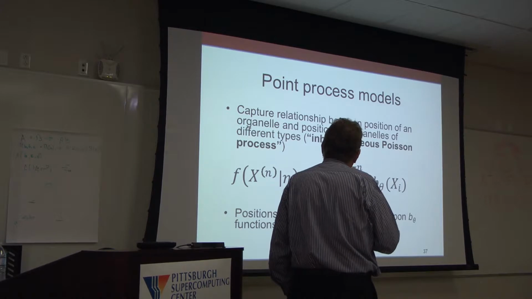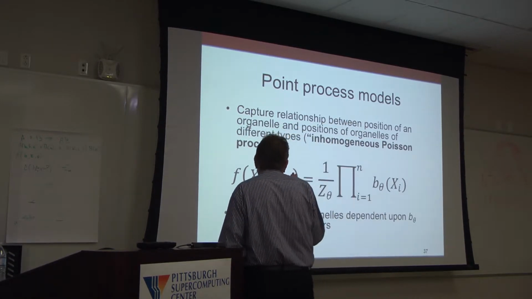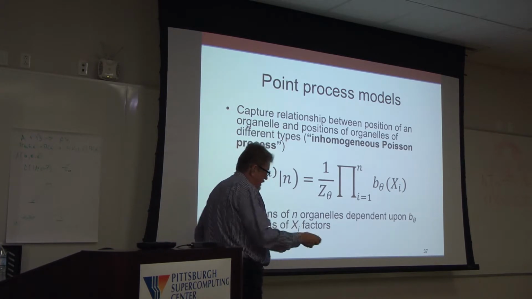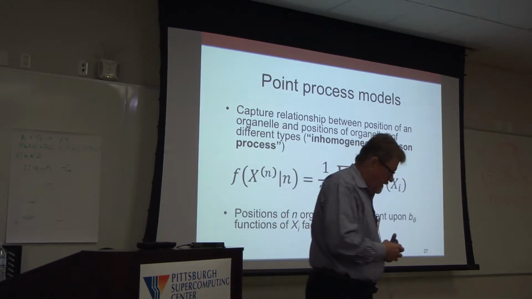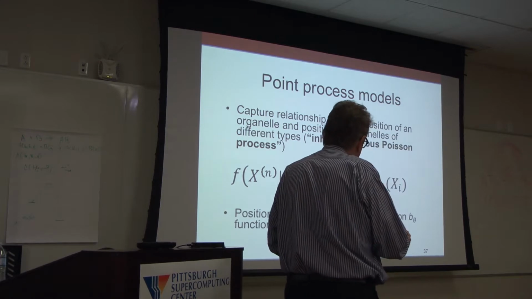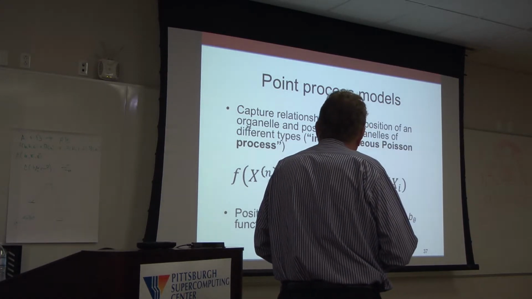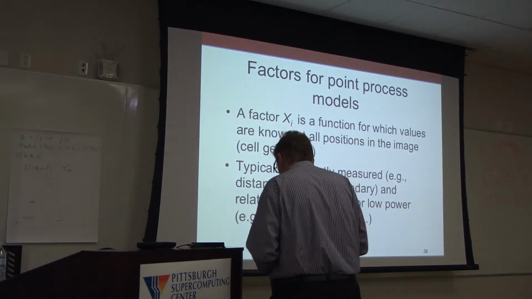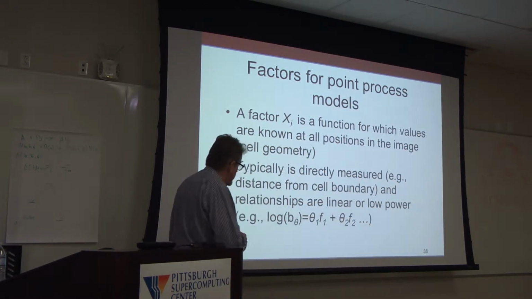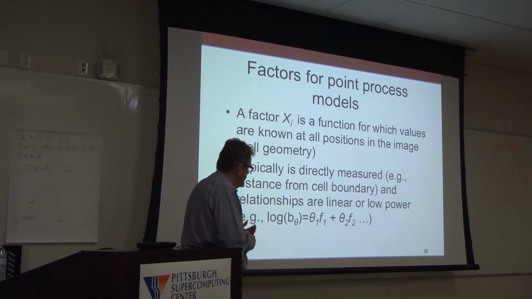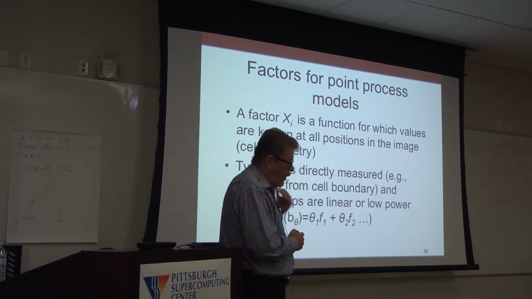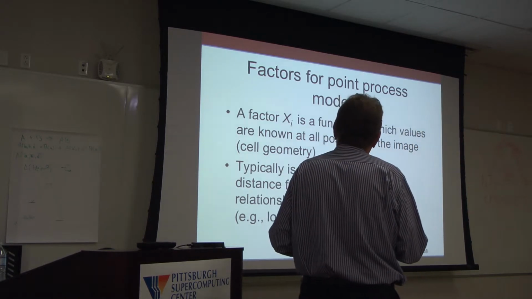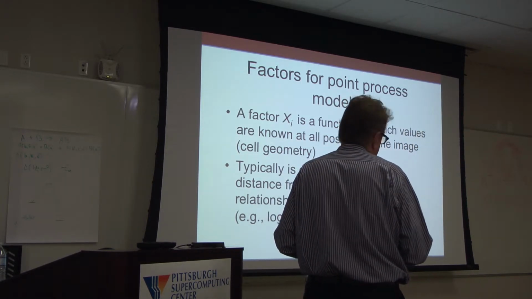So this is a basic idea where we're going to capture everything about the probability of something occurring into this B. Now, what we're going to do is construct factors where, and I just realized, I've been using this slide for years, that shouldn't be x, that should be f.